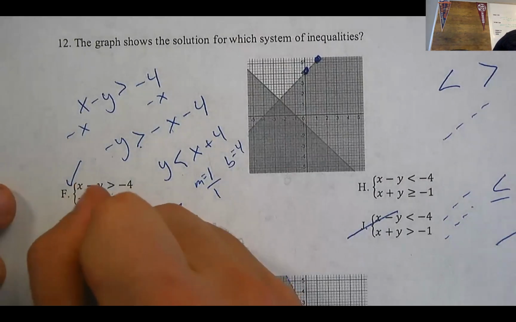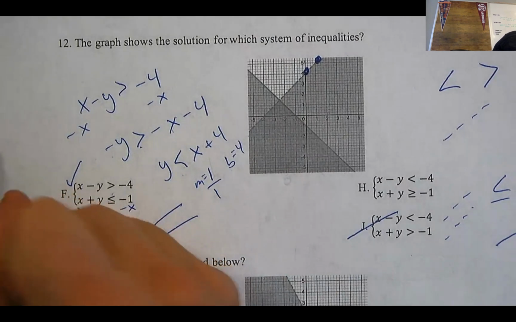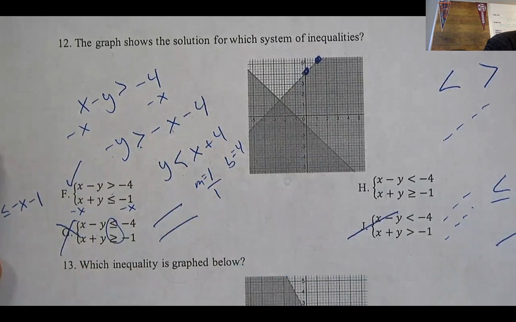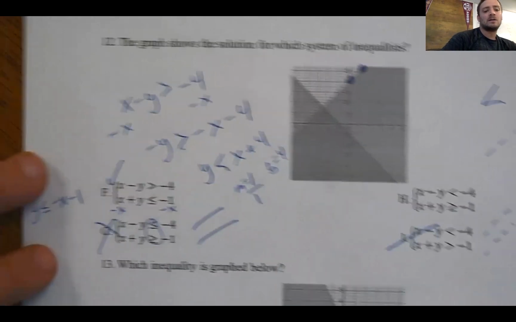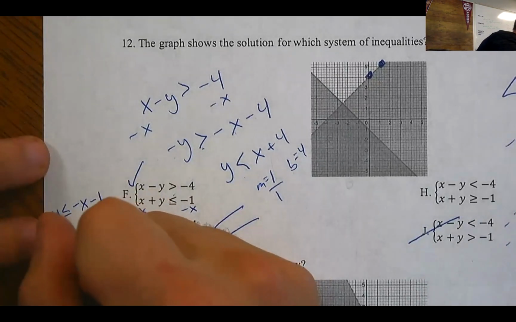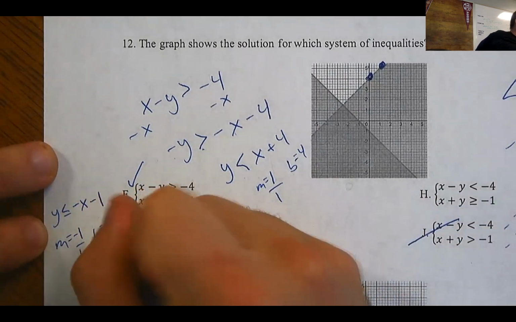So we're going to subtract x. So y is less than or equal to negative x minus 1. All right, this is now in a format that we can graph. My slope is negative 1 over 1. My y-intercept is negative 1.